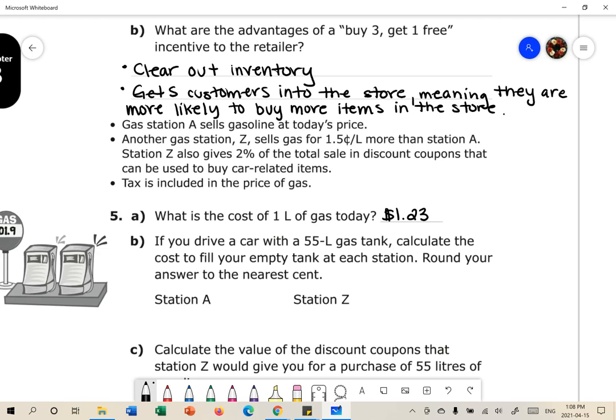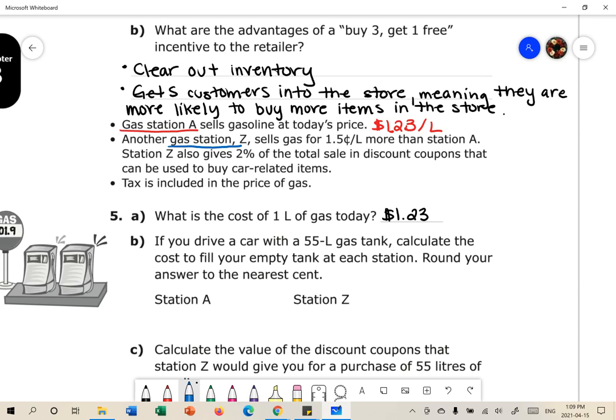So we know that for gas station A, it's $1.23 per liter. For gas station Z, we need to add 1.5 cents to gas station A's price.